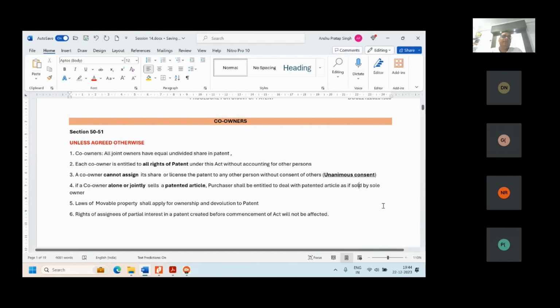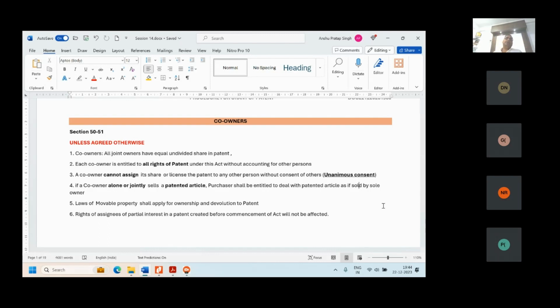So the understanding is, if anyone is purchasing, you got the money, and whether this money will be distributed among the co-owners, he is not bothered. You have given him the product. He is a bona fide purchaser. He is not worried whether the money has been shared by you among the co-owners or not. He will be entitled to deal as if you were the sole owner.